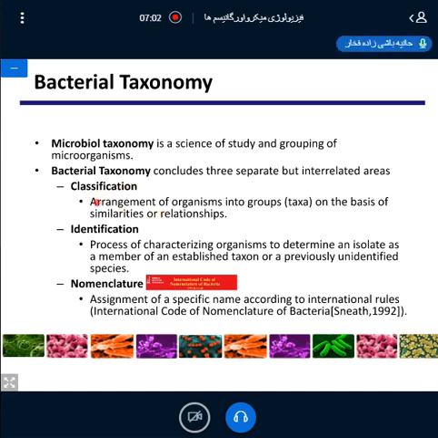For classification, we arrange organisms into groups, taxa, on the basis of similarities or relationship. For identification, the process of characterizing organisms to determine if an isolate is a member of an established taxon.